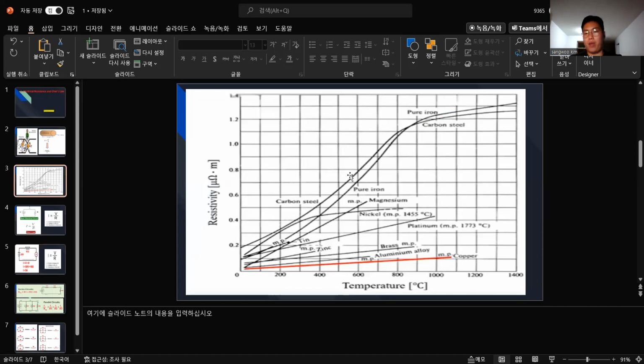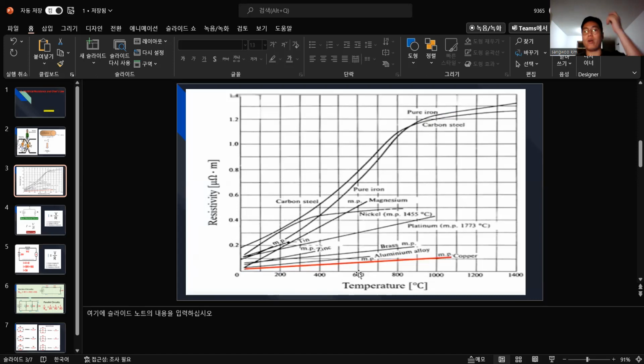So this graph indicates, look at that, when the temperature is increased, the resistance is also increased. That's it. So at high temperature, our resistance is going to be higher.